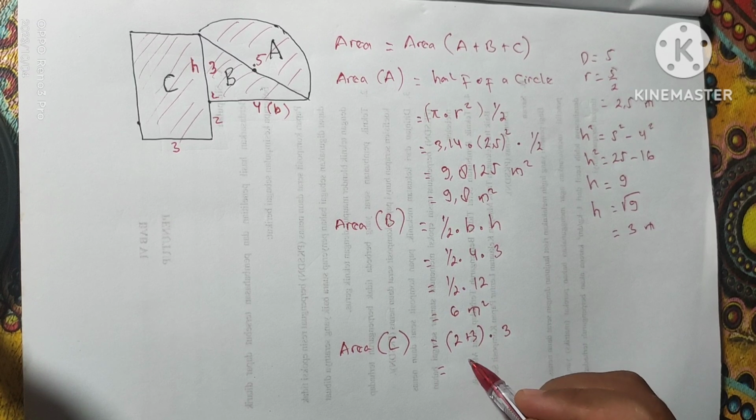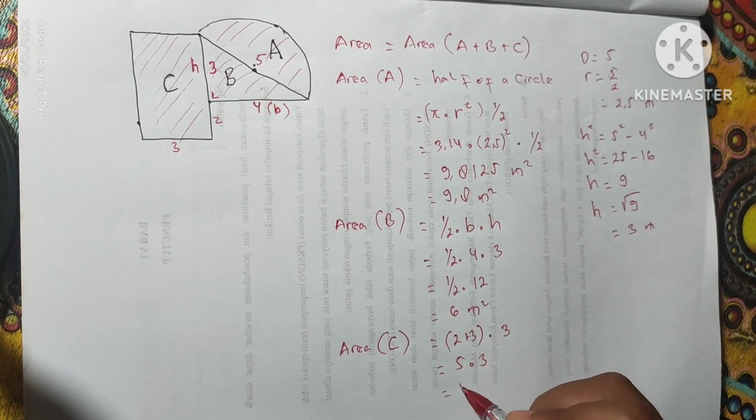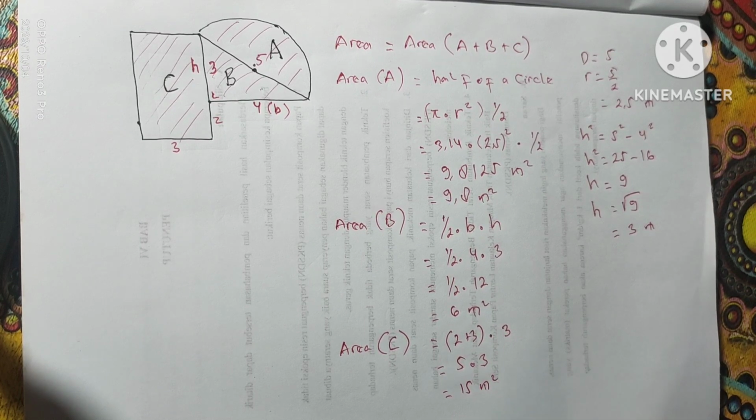So it will be 5 times 3, and we get 15 square meters. Okay, so now every area we have already found.